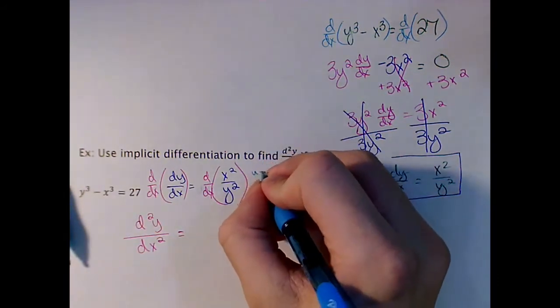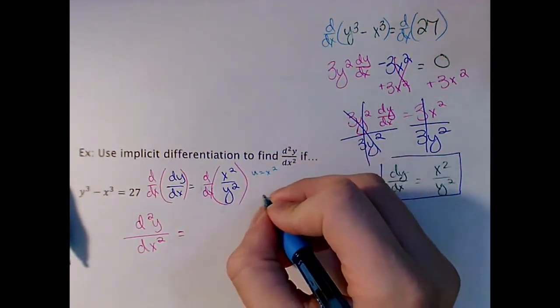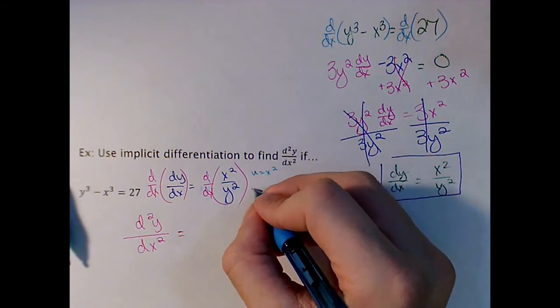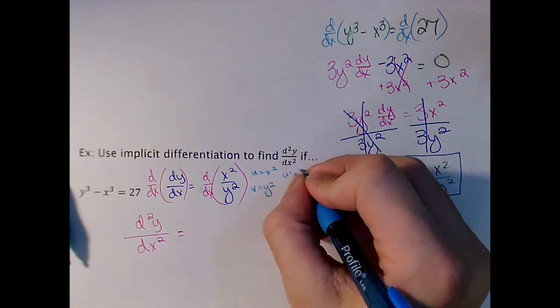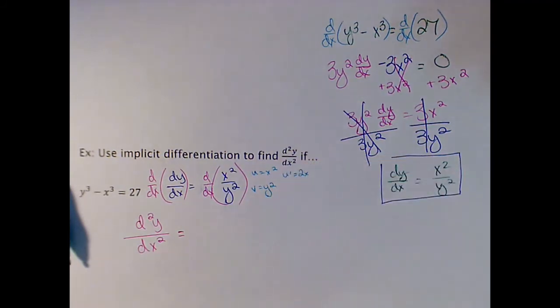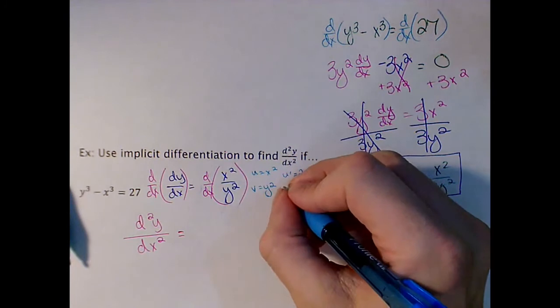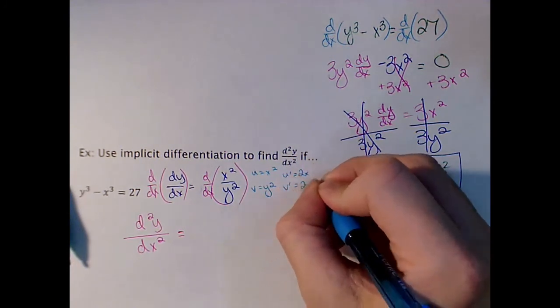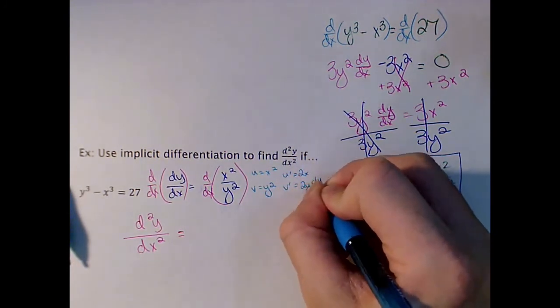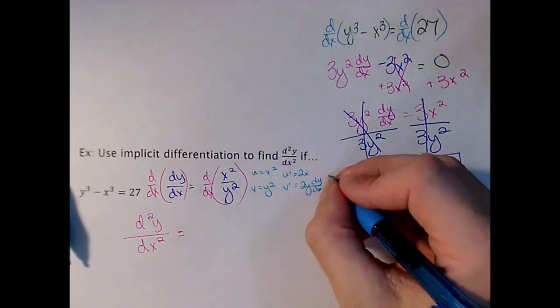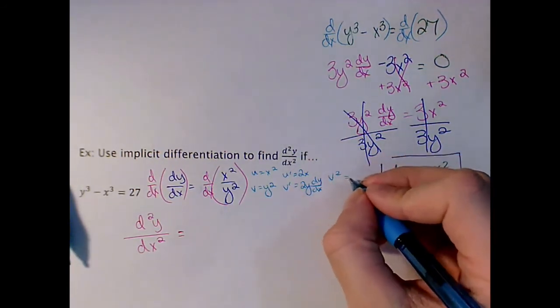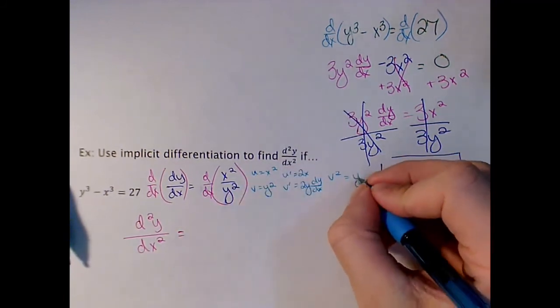I'm going to let u equal x squared. I'm going to let v equal y squared. u prime is going to equal 2x. v prime is going to equal 2y dy/dx. And v squared is y squared squared.